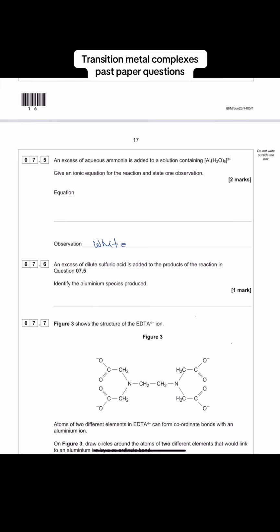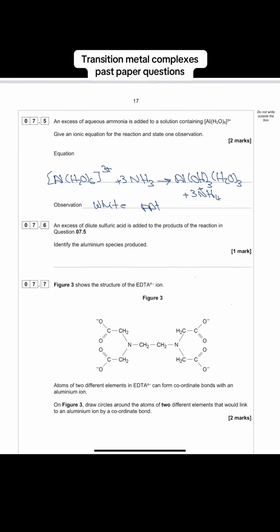So the observation is a white precipitate is formed, and then the equation is going to be the aqua ion of the aluminum plus the ammonia. So we're going to need 3 of the ammonia, and that will give us the precipitate of the aluminum hydroxide, 3 of the OH with 3 of the water molecule, and 3 protons will be given to the ammonia to give 3 of the ammonium ion.